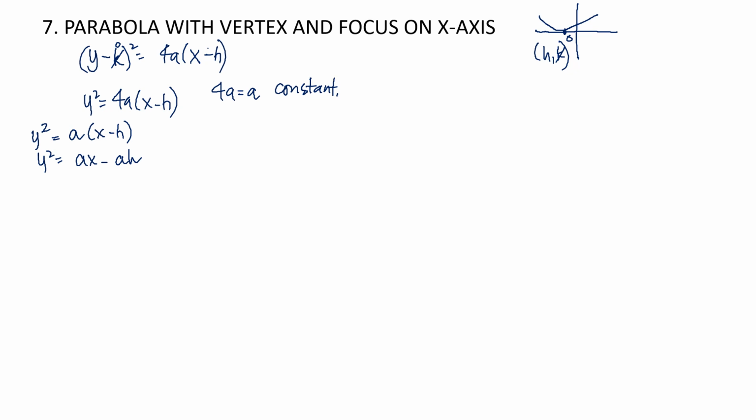The first derivative will be 2y prime is equals to, the derivative of ax is a, because the derivative of x is 1, and this is 0, so minus 0. Therefore, 2y prime is equals to a.